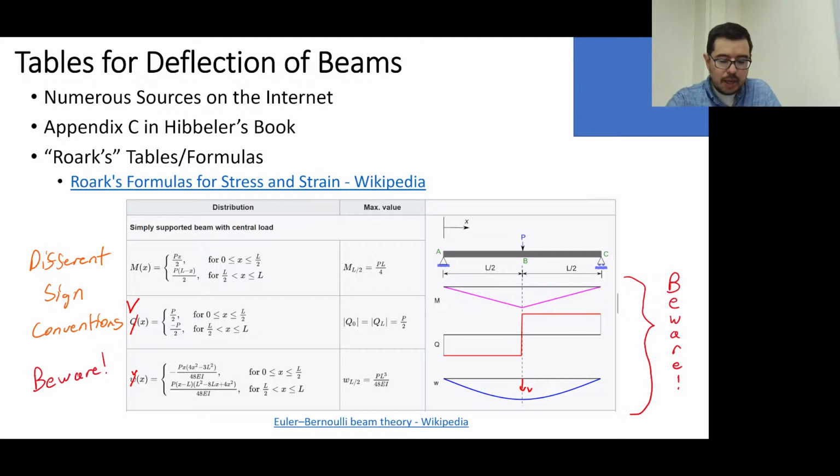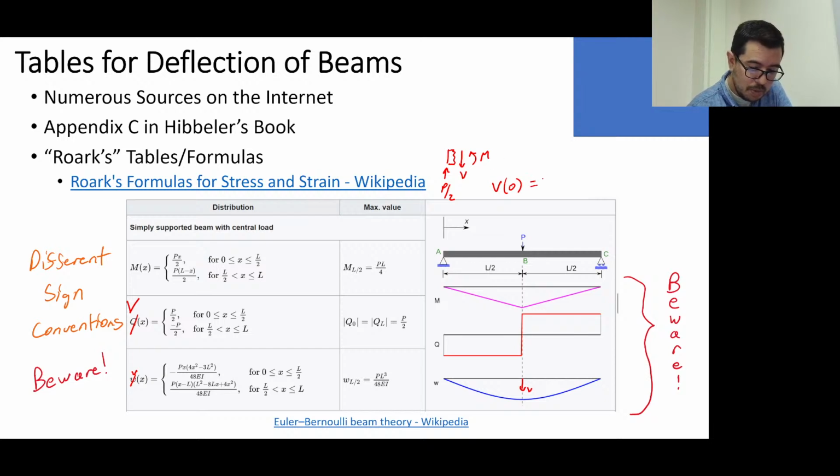And even these moments and these shear forces can be flipped from what we think, right? Because for example, I know that in this case I have on the left side P over 2 as my reaction force, and the way we define it I have a big V. So I know that at the left side, V of 0, this is a big V now, that's the shear force.